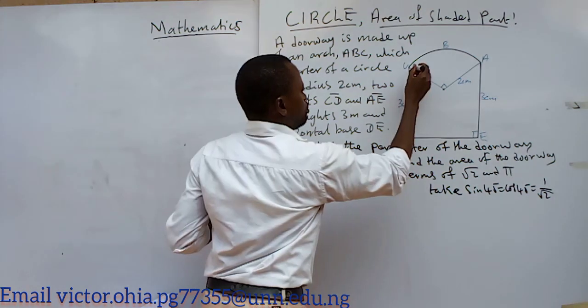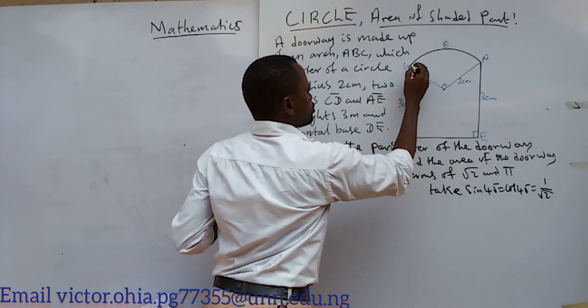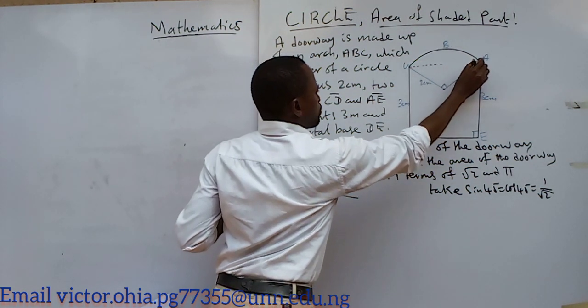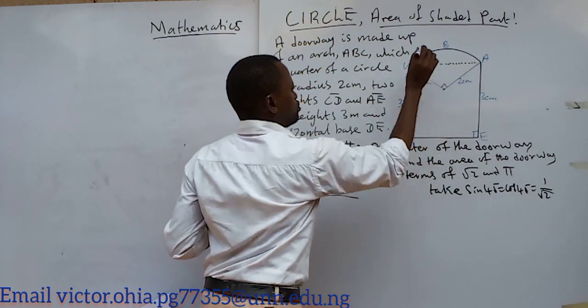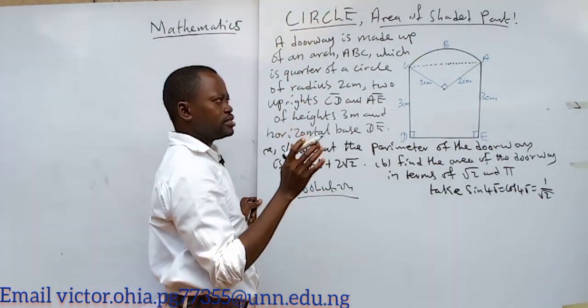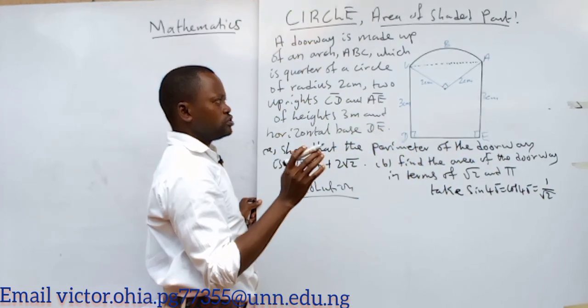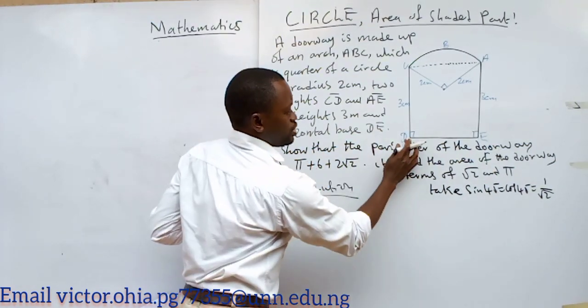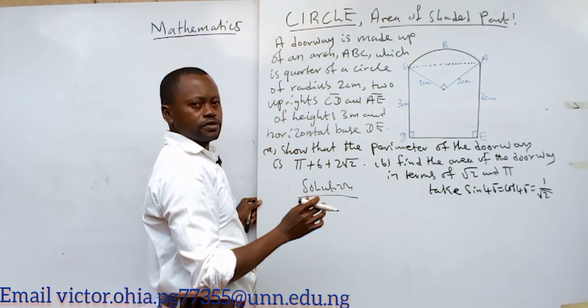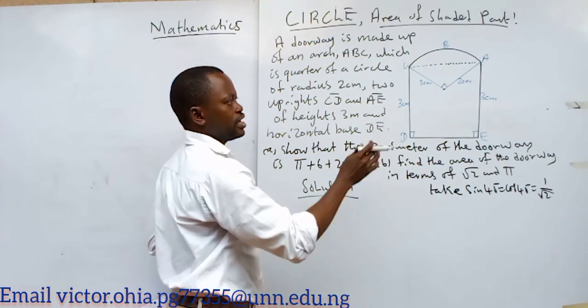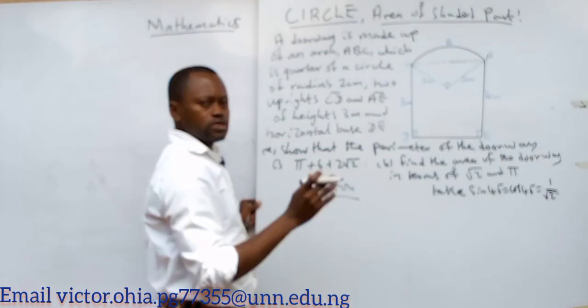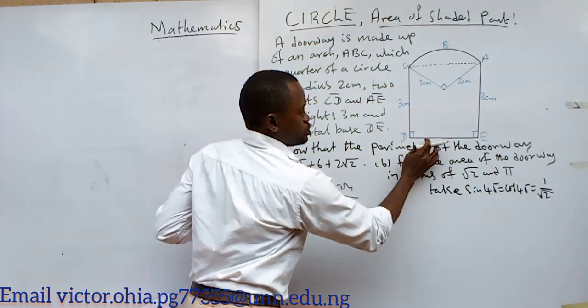So if I make a dot here, I will be getting something, and that is chord AC, which is equivalent to DE. So I know how I can calculate that chord, and once I do that, it's equivalent to this DE.